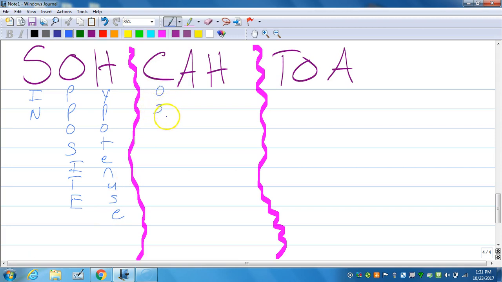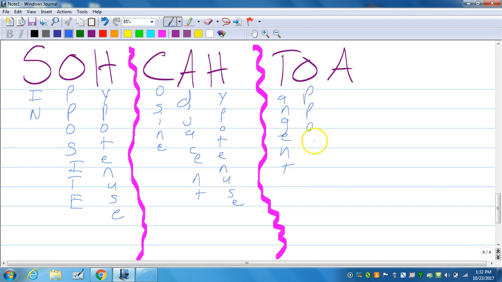C is for cosine. A is for adjacent. H is for hypotenuse. T is for tangent. O is for opposite, and A is for adjacent. This is the order you have to work with. And it's very easy. Just remember SOHCAHTOA.